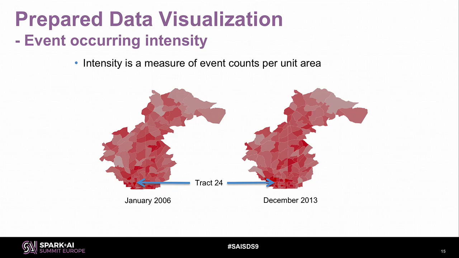So the prepared data can be used for visualization to explain how the crime in this city looks. Each map shown here is a static chart that shows how the crime events are distributed. Well, for the tracts, there is also a dynamic process.